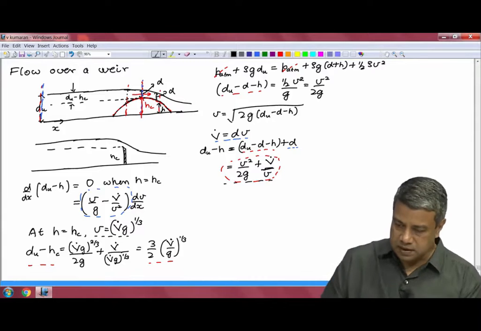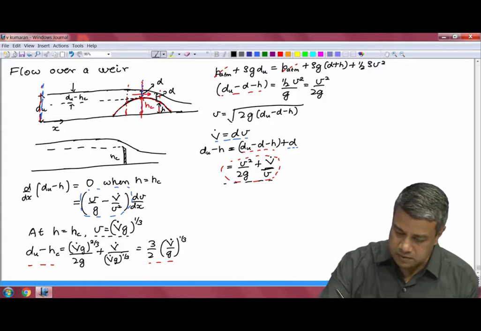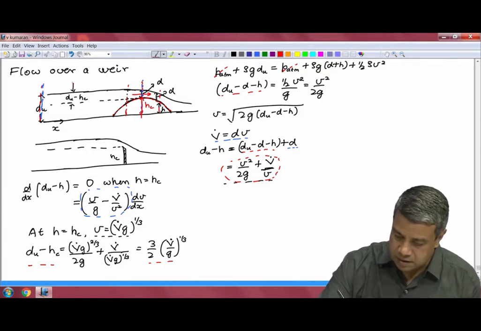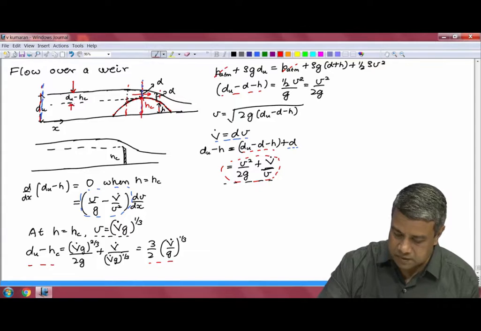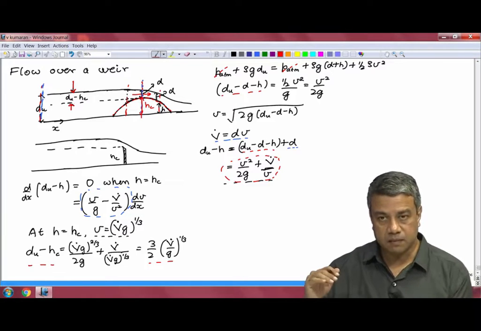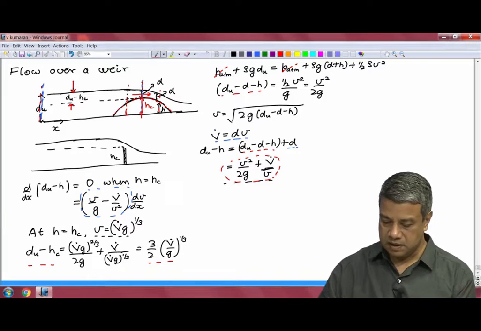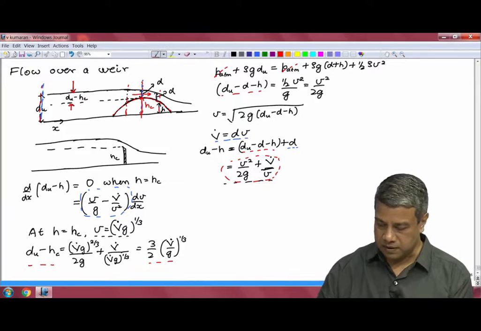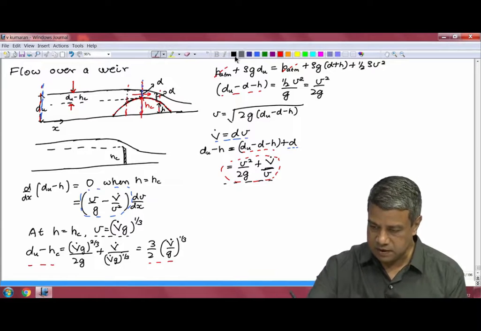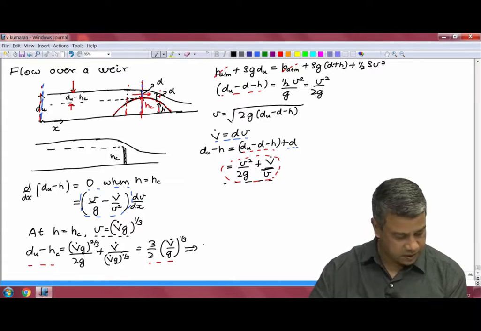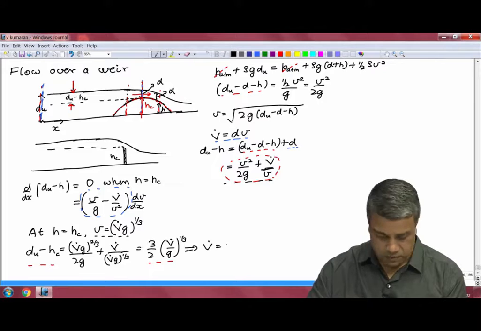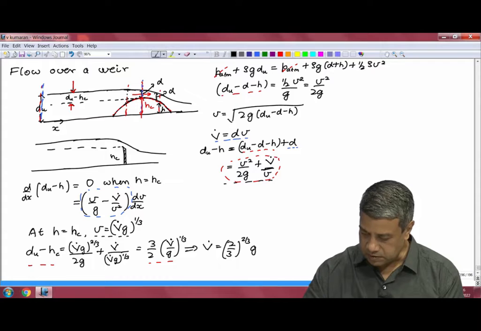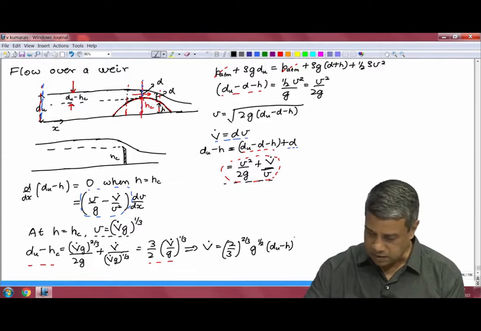Just by knowing the difference in height between the water level far upstream and the maximum height of the obstruction, I can find out what is the volumetric flow rate. So, I can just solve this to get V dot is equal to (2 by 3) whole power 3/2 into g power half into (du minus h) whole power 3 by 2.